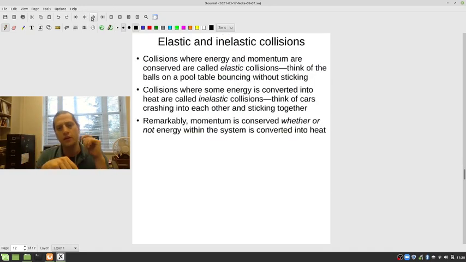So there is another piece of nomenclature that I want to introduce to you, and that is the distinction between elastic and inelastic collisions.